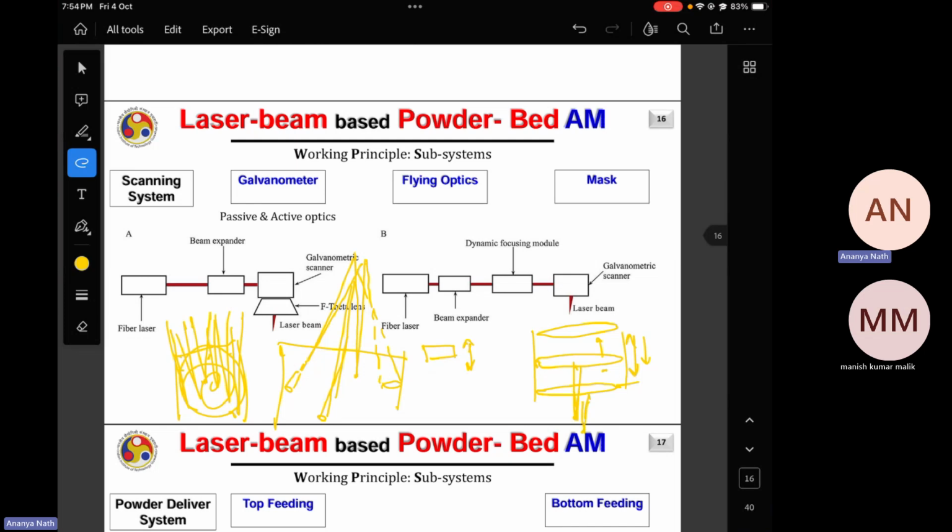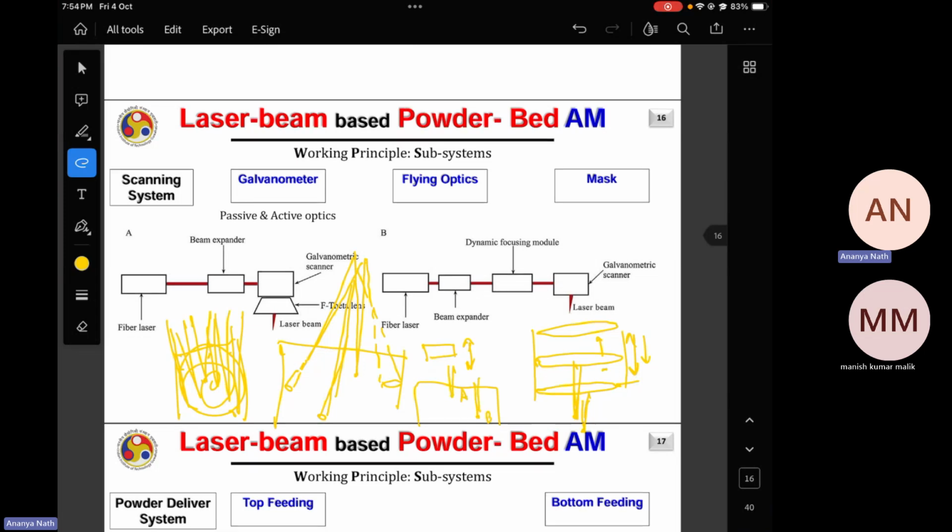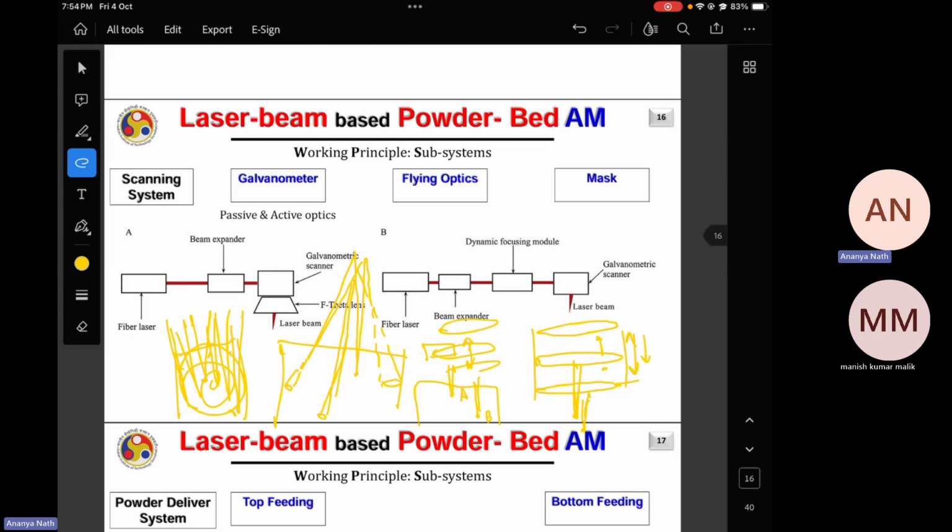So now if you are making something on the build plate, to move the laser beam from point A to point B, that middle lens, which is this dynamic focusing module lens, has to move in between. So not just the lens moves, but the whole system inside moves very rapidly. It is capable of moving very rapidly, so there is an arrangement of lenses and mirrors.